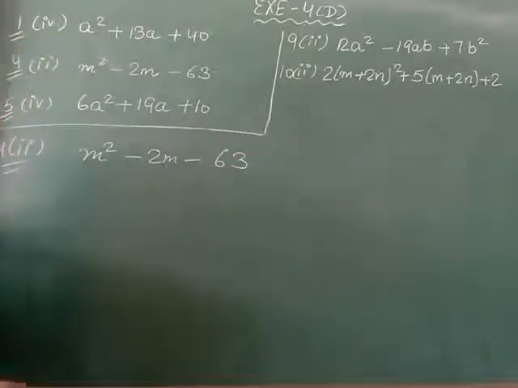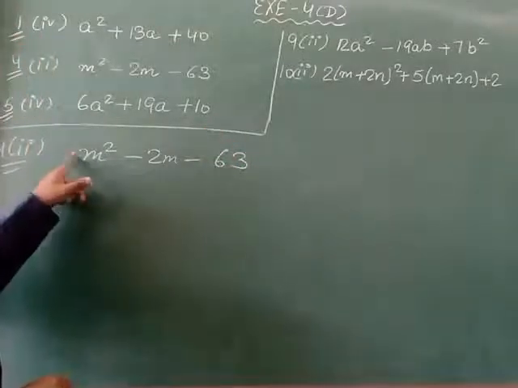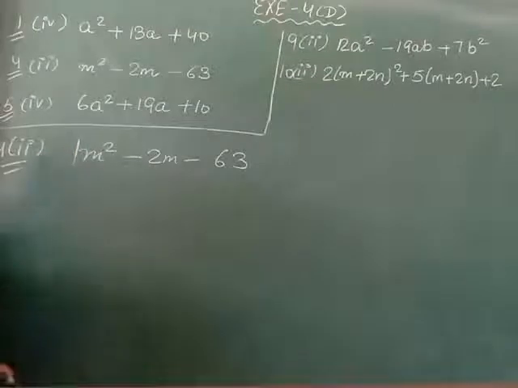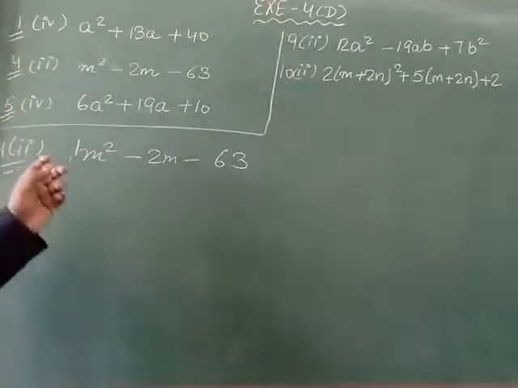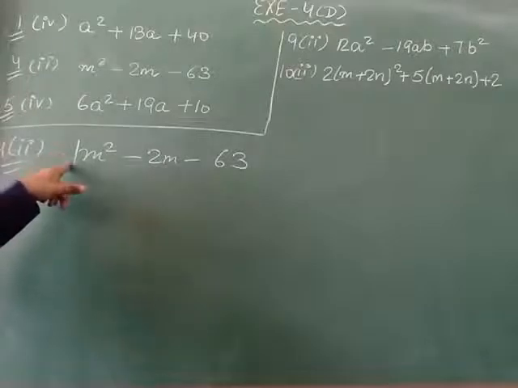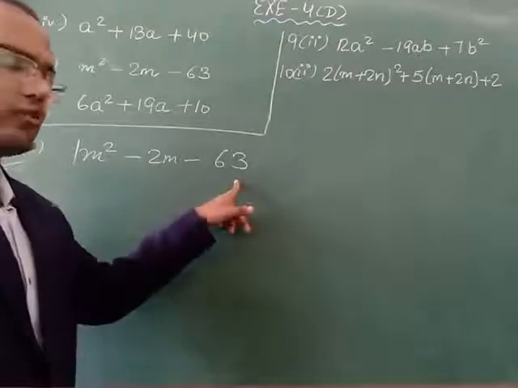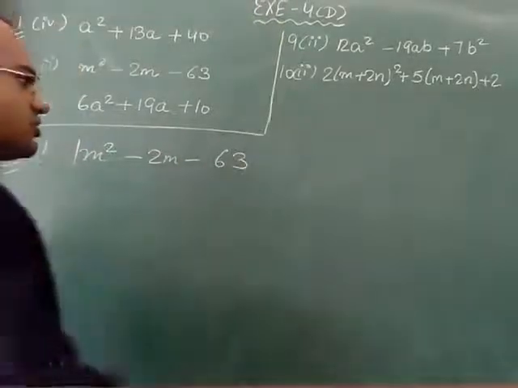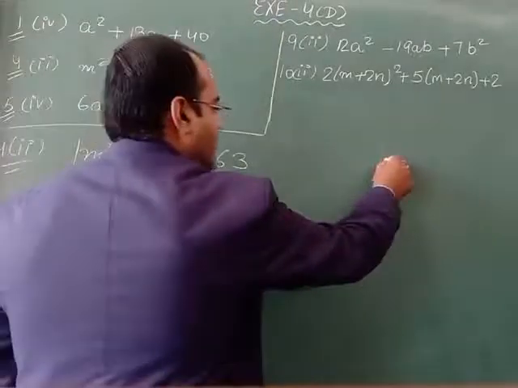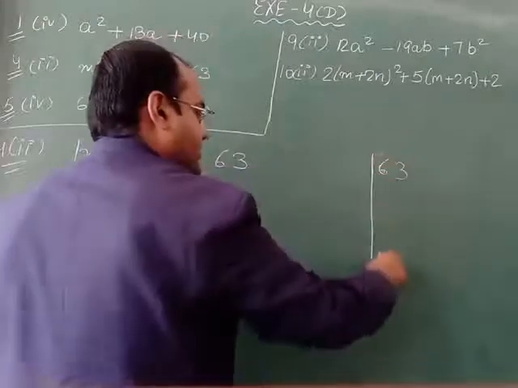So first of all, what you have to do? Here no number is given, so we will take 1. First step. Now in the next step, we multiply the first number with the last number. 1 multiplied by 63, the answer will be 63. So in the rough work we will find the prime factors of 63.